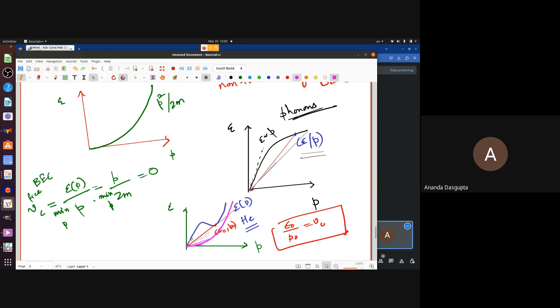For a real interacting object, like in helium, the dispersion relation looks like this. And the actual physical origin of this is not really of our concern right now. But given the dispersion relation, we can figure out what the critical velocity is by looking at this line.